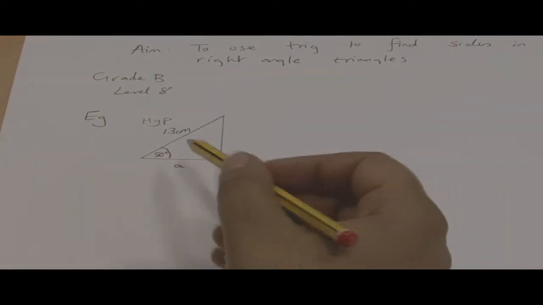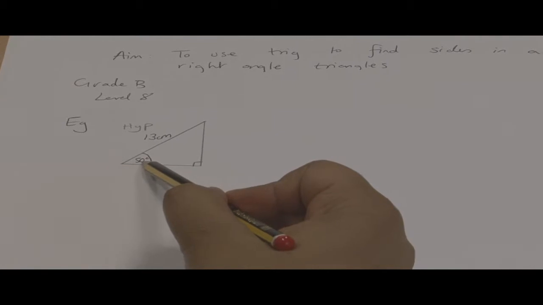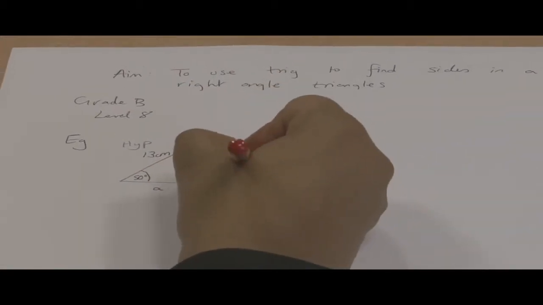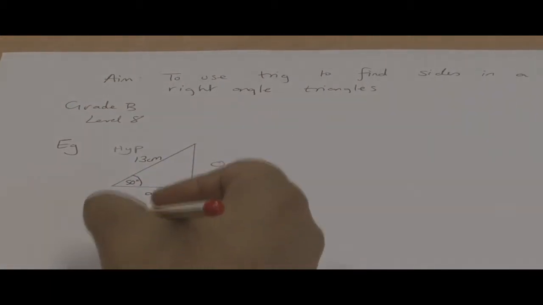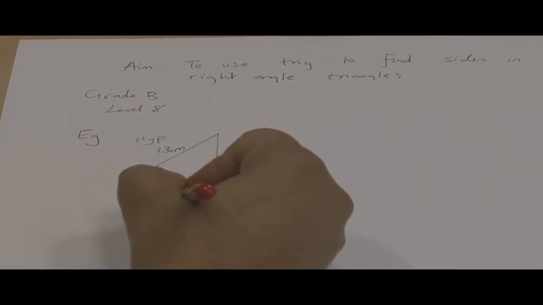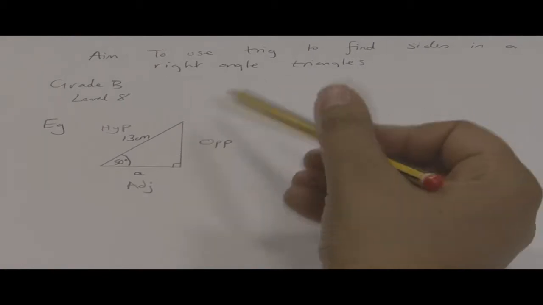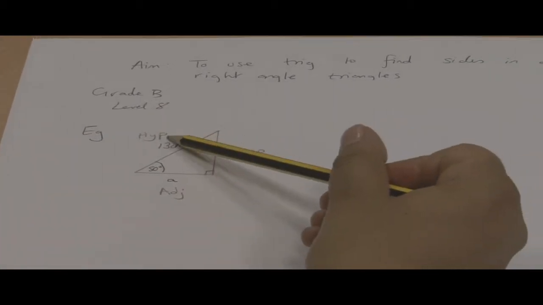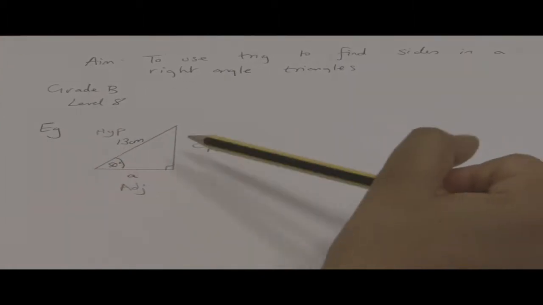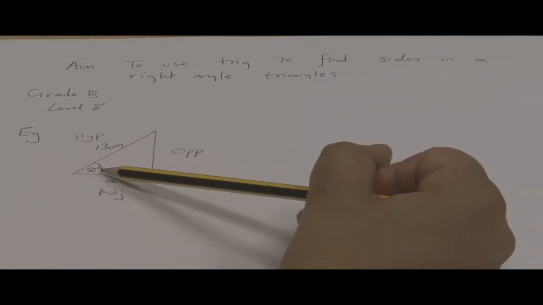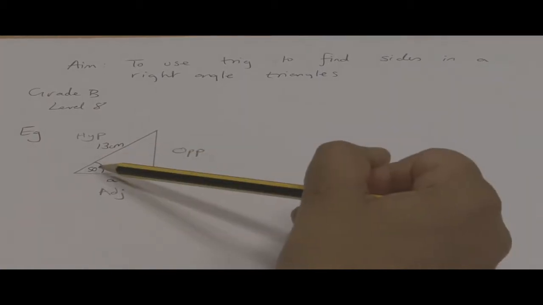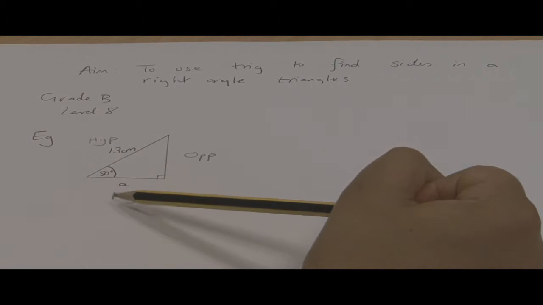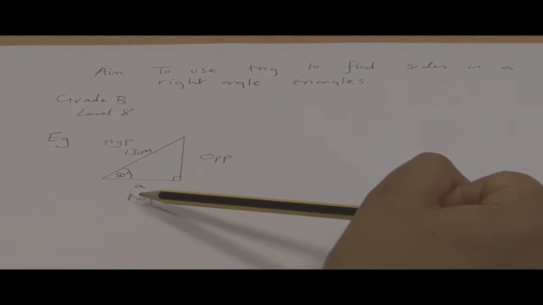The side opposite the angle we've been given or working out is always the opposite, and the side left over is the adjacent. The hypotenuse is the longest side.